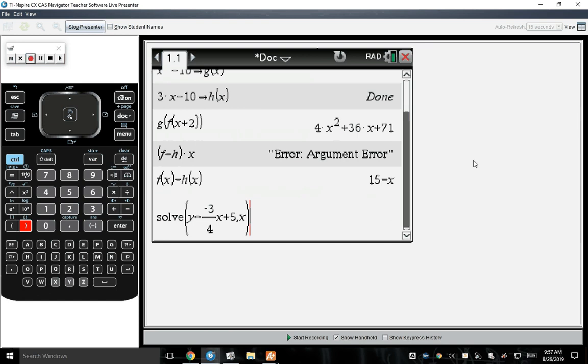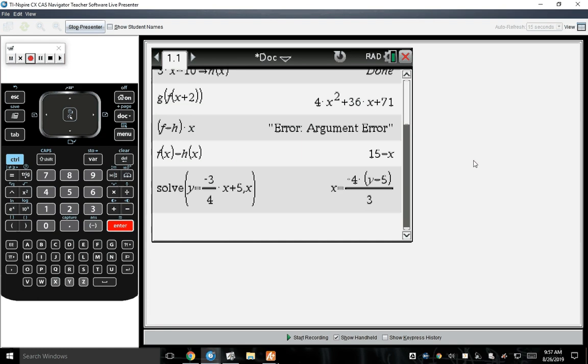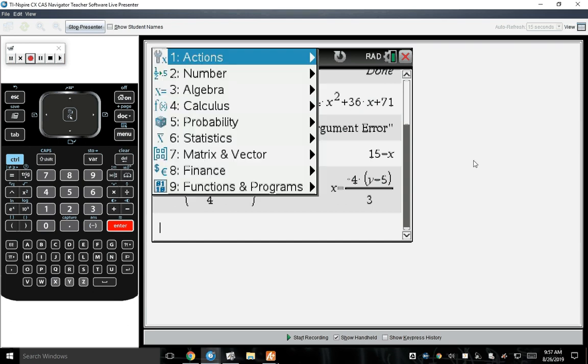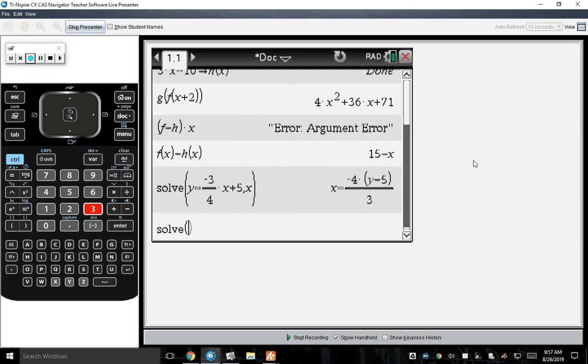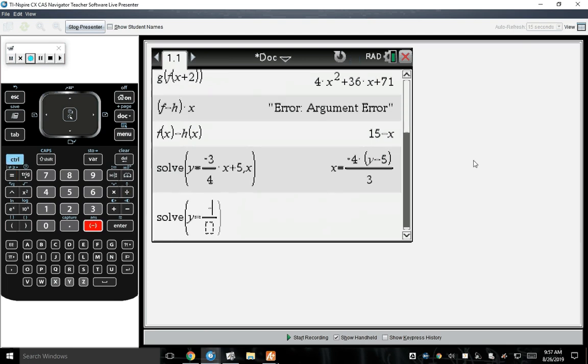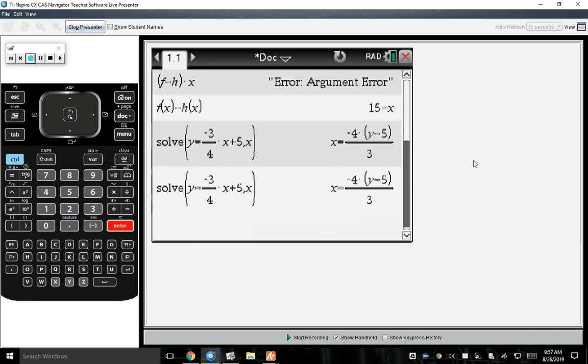So if I solve for x now, it will get it all by itself. This is your inverse function. How did you get the solve? The solve is menu 3, 1. Then y equals control divide, negative 3/4 x plus 5, and solve for x as it sits right now, because that will show you the inverse function. All right, nice job, guys.